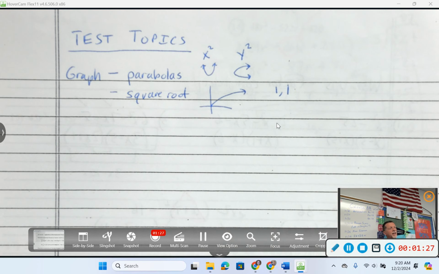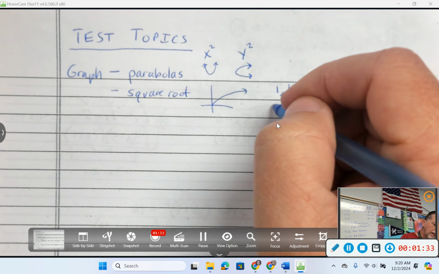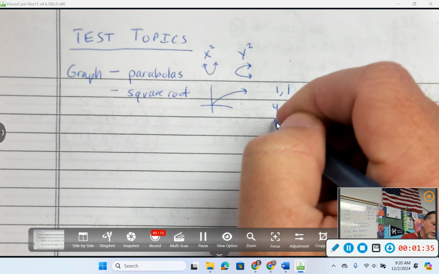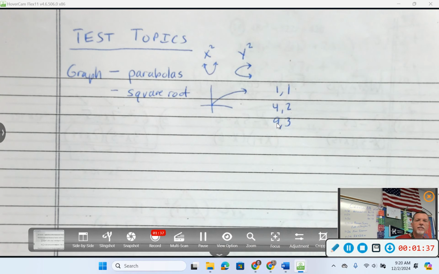But what should my next set of points be? 4, 2, right? Because I don't want to take the square root of 2. I'd rather take the square root of 4 and the square root of 9 and so on. And then all the usual translations about left 3 and up 5 and stretched and flipped and all those things to go with that.